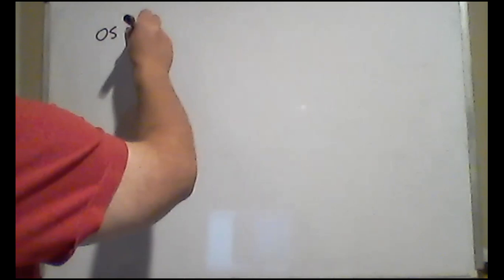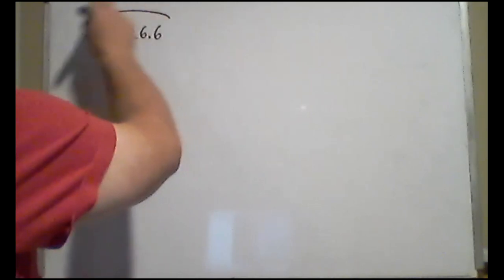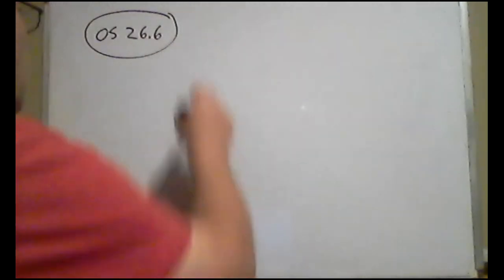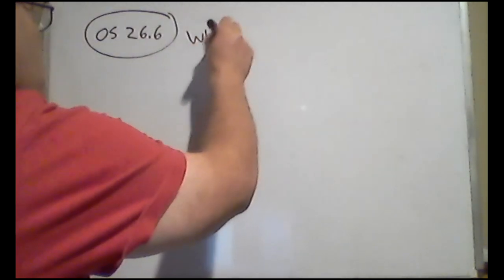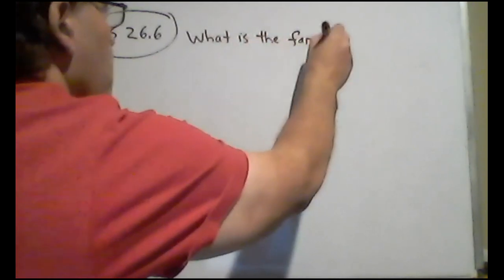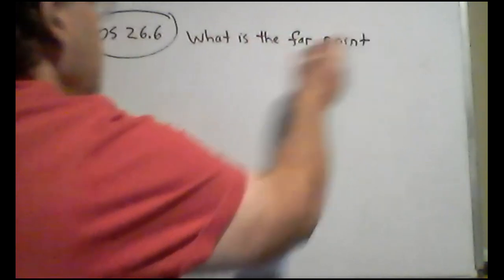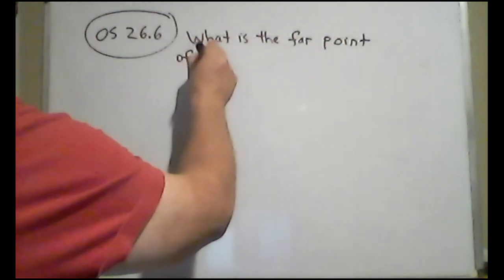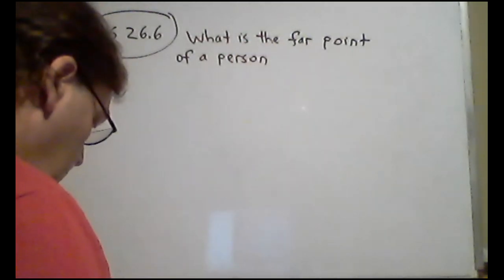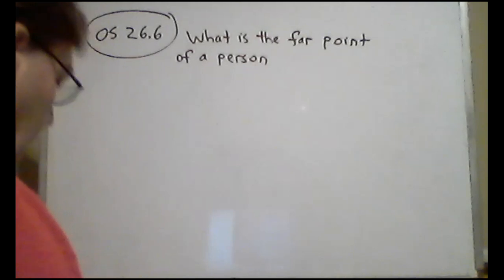All right, OpenStax 26.6. What is the far point of a person whose eyes have a relaxed power of 50.5 diopters?